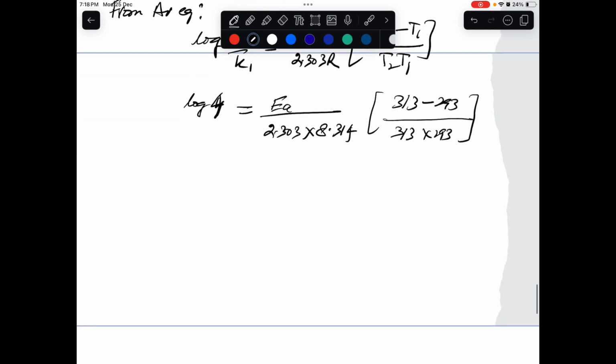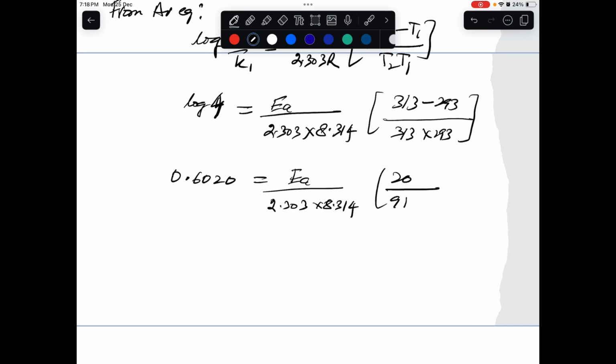Okay, the log 4 value will be 0.6020. This is equal to EA divided by 2.303 into 8.314, and here we have the value 20 divided by 91709. So EA will simplify as we did in the previous case.